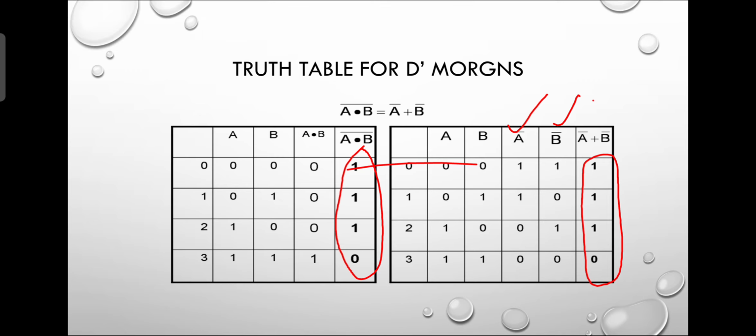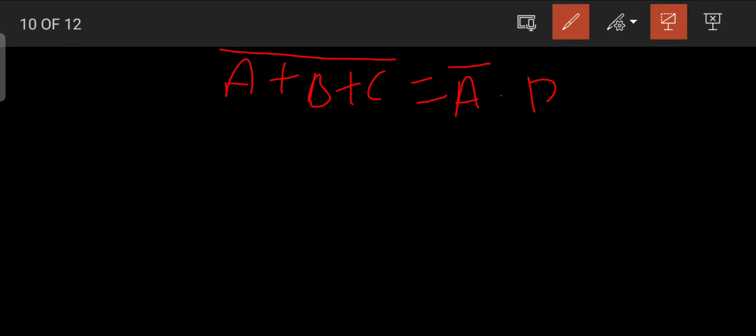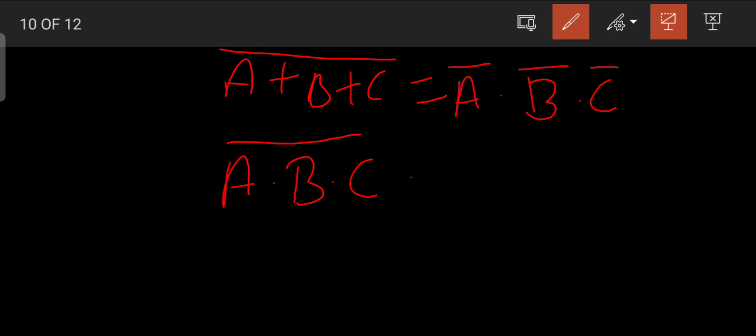This De Morgan's theorem is applicable for n number of variables. For example, here we are having 3 variables A, B and C. If I am going to prove that A plus B plus C whole bar will be equal to A bar dot B bar dot C bar, or A dot B dot C whole bar will be equal to A bar plus B bar plus C bar.